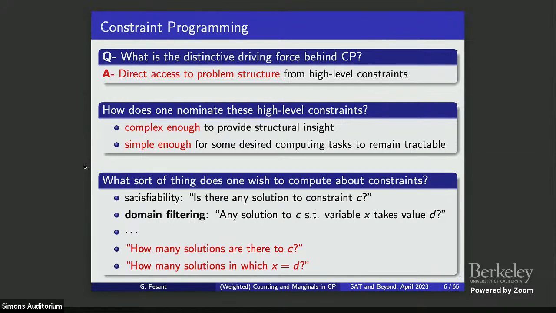So is that assignment supported, or should it be removed from the domain, as you saw in previous talks? And other things, what I want to focus on are these questions. How many solutions are there to C? So you want to count the solutions, or even more so, how many solutions in which X takes the value D? In what proportion of these solutions? And that can also be quite interesting to compute.